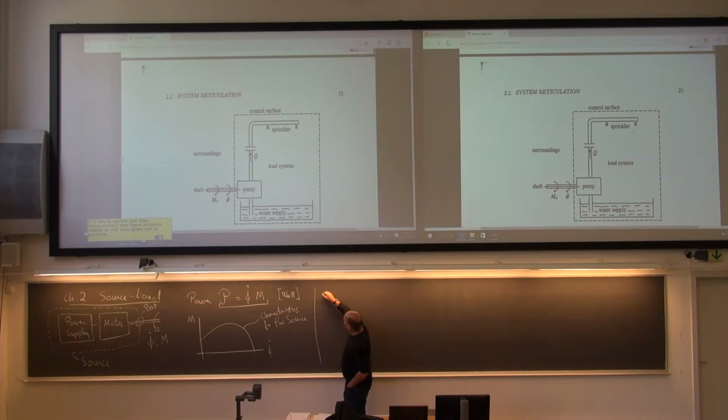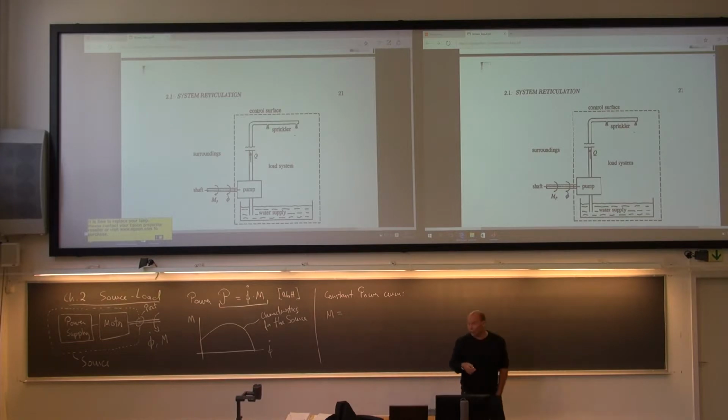I want a constant power curve, so that should now be m as a function of the rotational speed equals what? Well, as you see, you just take the power and then divide by phi dot.